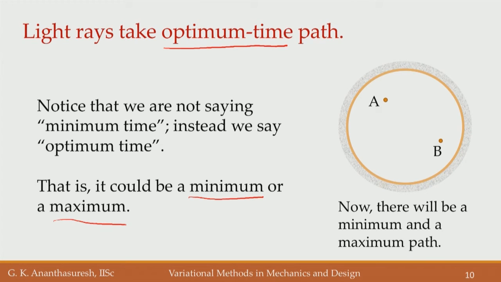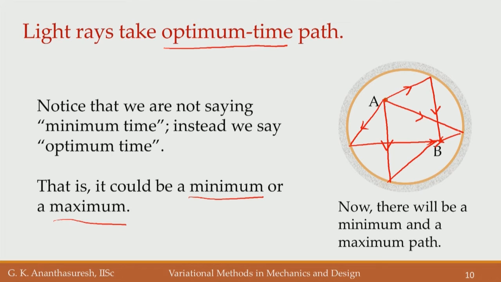Sometimes, let us say we take this example of a circular mirror, right. There are 2 points A and B. Now we say the same thing, I want to go from A to B, but I have to touch the mirror wall, okay. Basically it is about reflection to go from there to here. There are several paths, right. I can go from here, touch the mirror here and go there, or go like that and go this way, or go like this and come back to B. There are several paths.